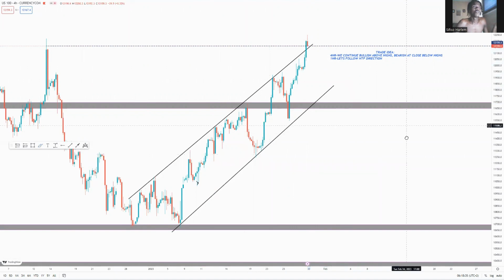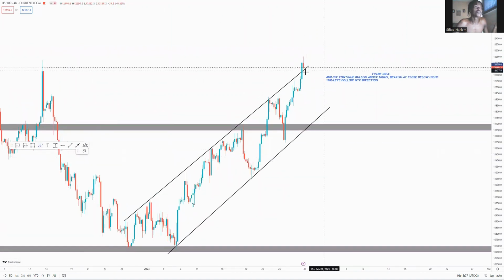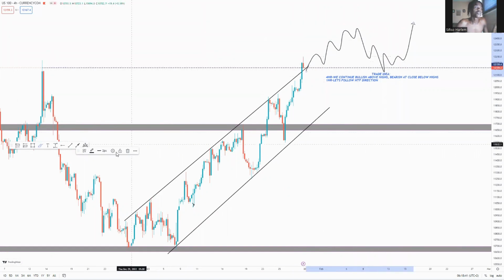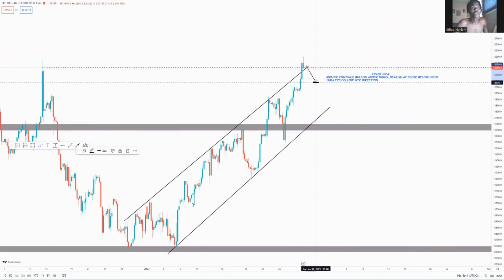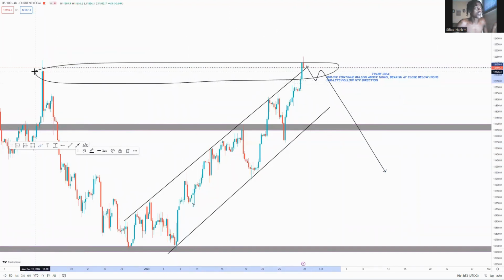So all I'm simply going to say is we're going to continue bullish above those highs. Above the zone, we continue bullish. But if price has a break back in and a retest below, then we'll start looking for what? For those bear moves to the downside with a potential double top. Understand?